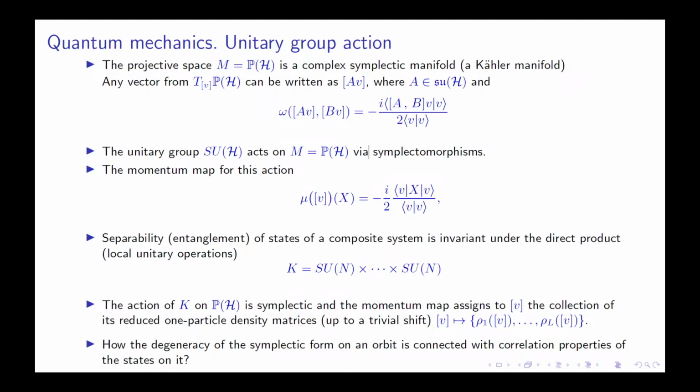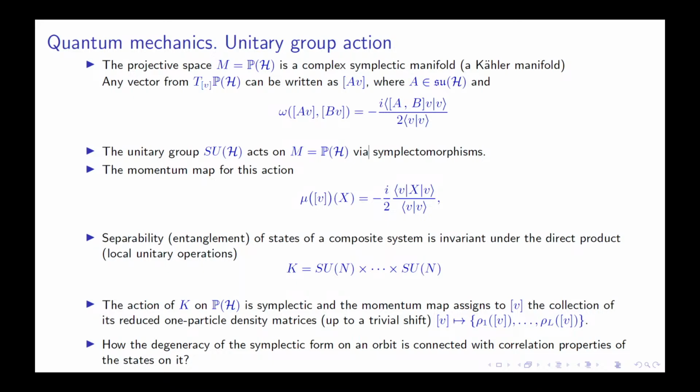If it happens that this manifold is a symplectic manifold, and moreover this multiplication by i leaves this form invariant, then this is a Kähler manifold. And this is a very rich structure, taking into account these two structures together, namely symplectic and complex.